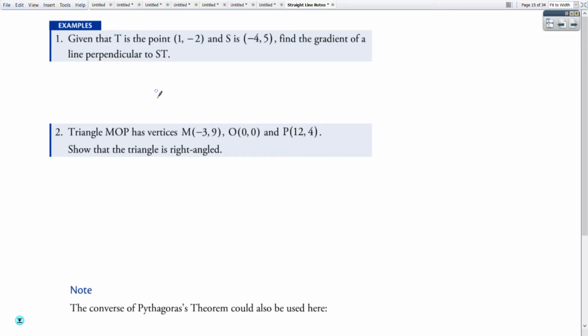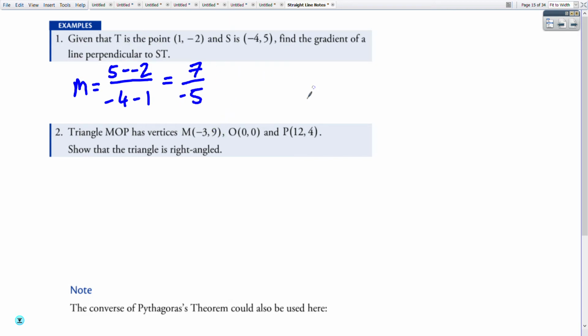Find the gradient of the line perpendicular to st. So what we should do first is work out the gradient of st. So y2 minus y1, so 5 take away -2, over x2 minus x1. So that would give us 7 over -5.